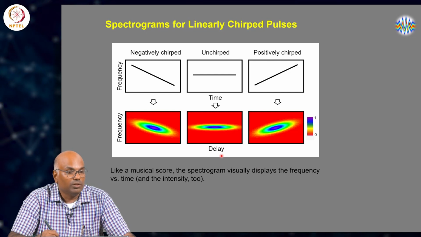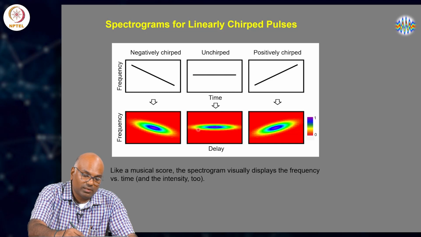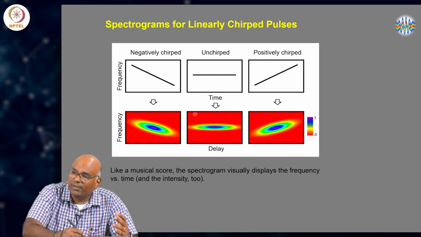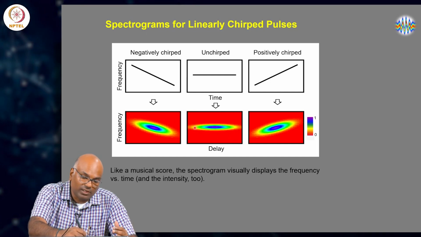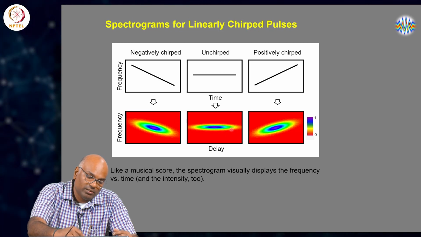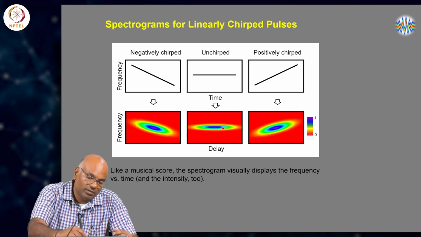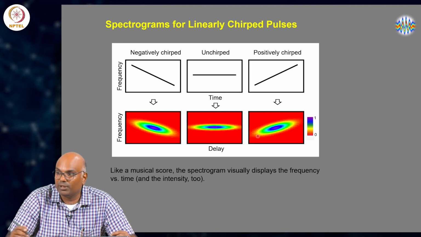For an unchirped, nicely behaved Gaussian pulse with a symmetric Gaussian envelope, the spectrogram is an elliptical figure which is horizontal in its orientation on the delay-frequency map.